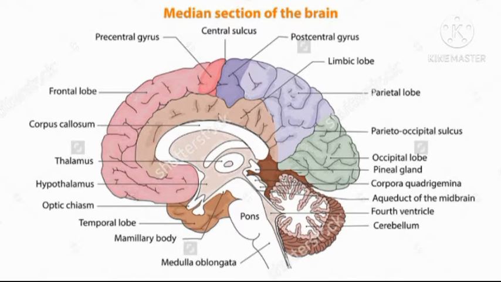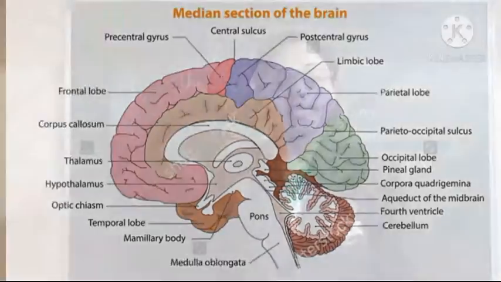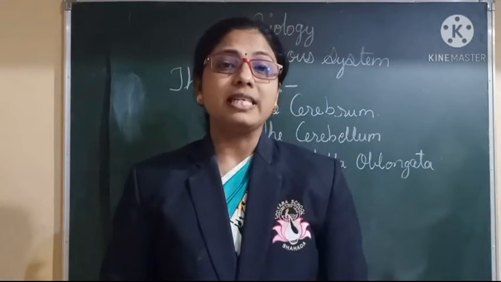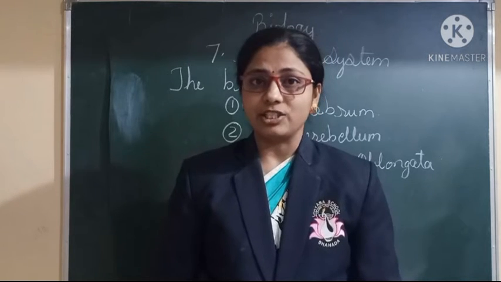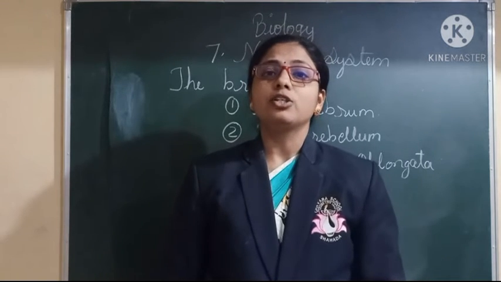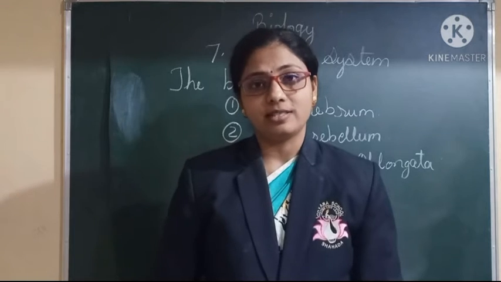It accommodates a large number of neurons, that is, the human cerebrum contains about 9 billion neurons. Cerebrum is the seat of consciousness, willpower and intelligence, and it controls the voluntary activities.